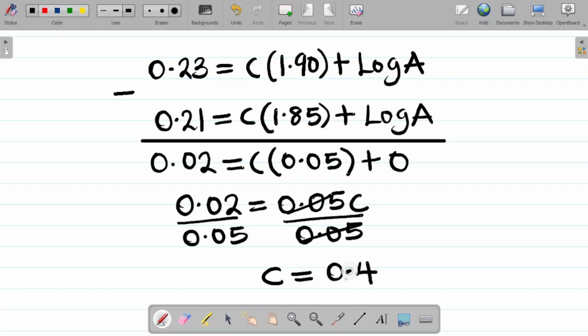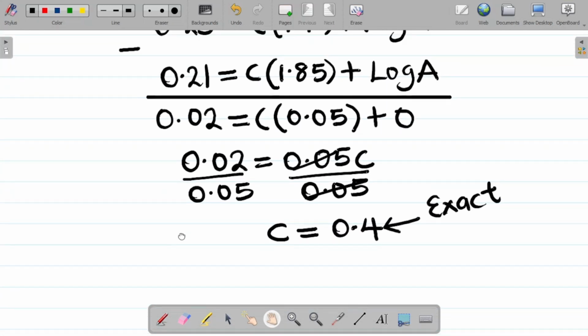So the value of C is equal to 0.4. Don't forget, C here means slope, because my equation is y equal to mx plus c. This other c here is the intercept, so don't confuse between the two c's. The c we are calculating here is the slope. So this now becomes the exact value for the slope.